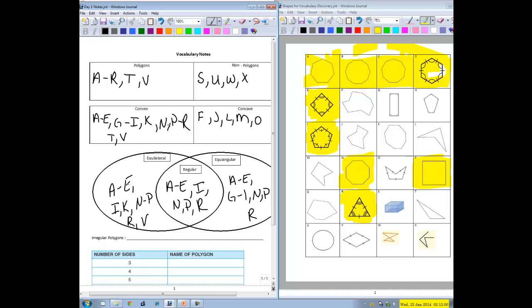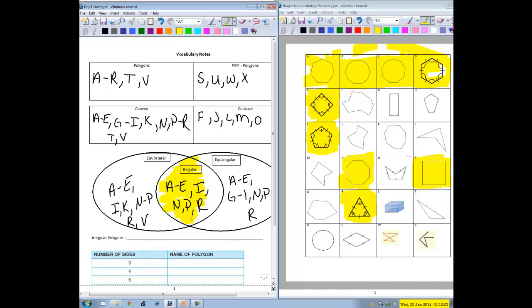Irregular polygons are any non-regular polygons. So all of the others, all of the non-yellows, let's make them green. Let me see. All of these are the regulars.